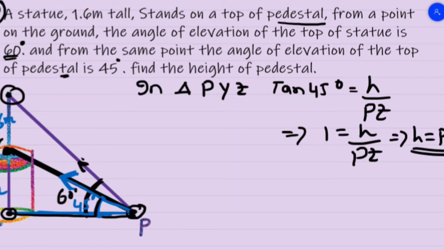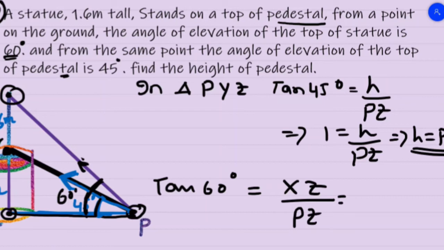Now children, let us go for the next part, tan 60. So tan 60 degrees will be equal to XZ by PZ. See, in front of 60 degrees, which side is there? XZ is there. XZ means XY plus YZ. Now what is your XZ?